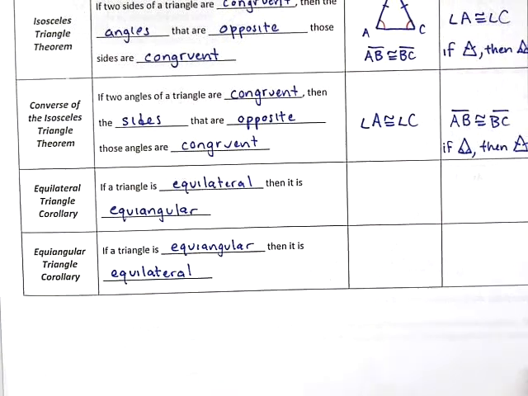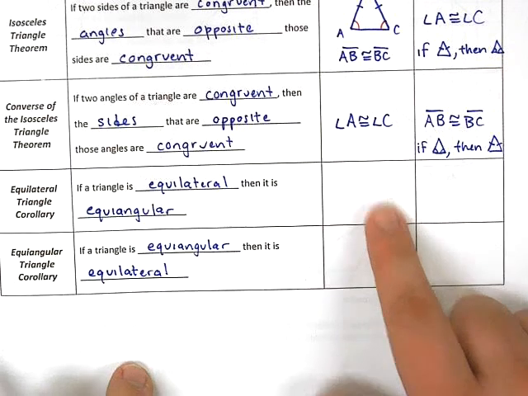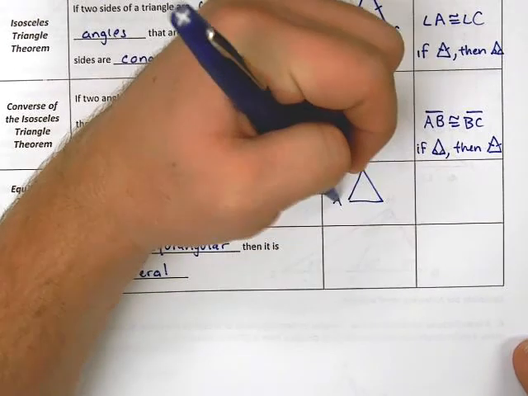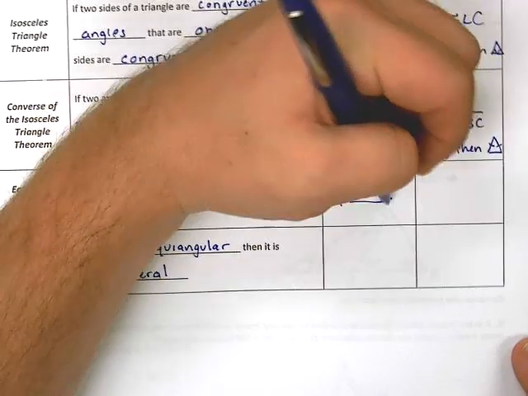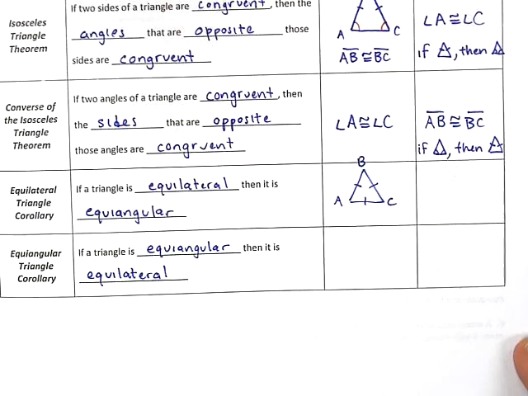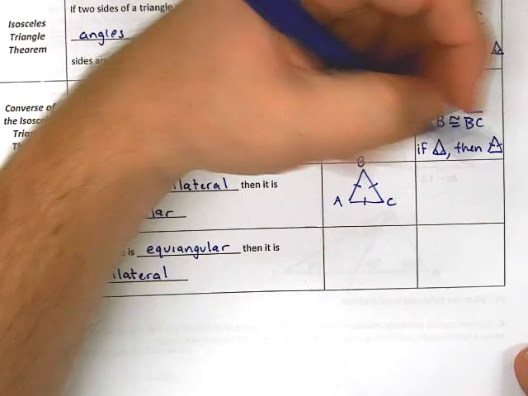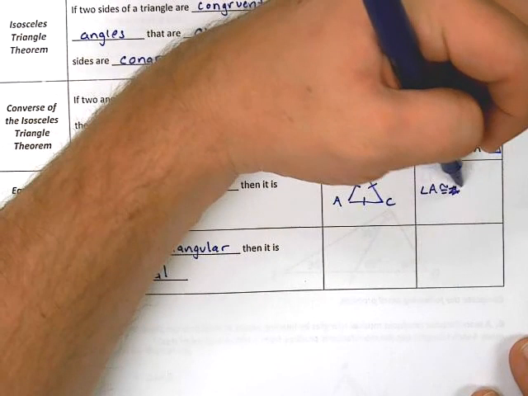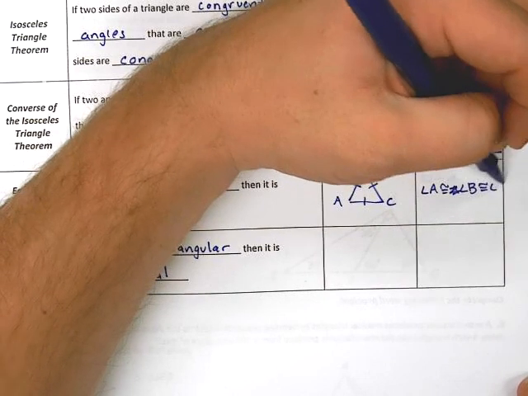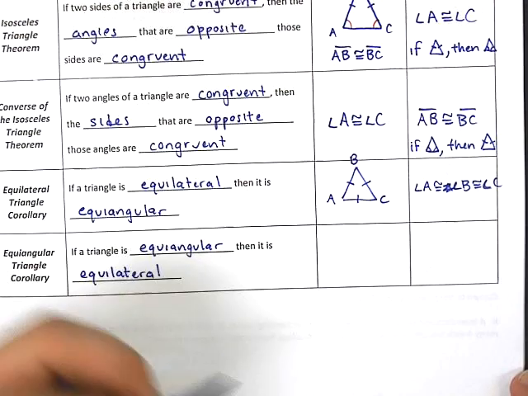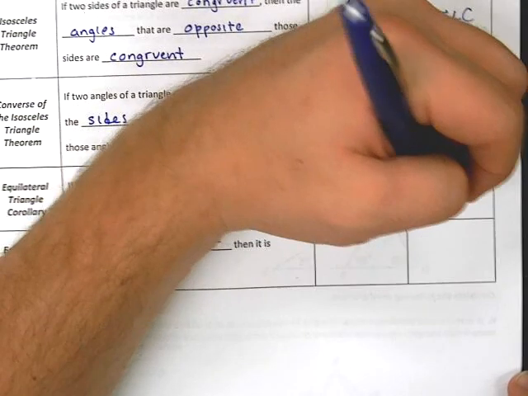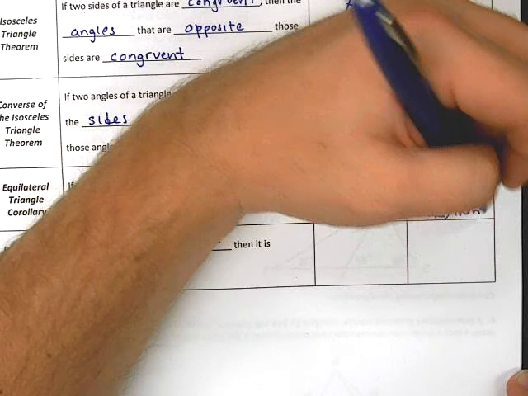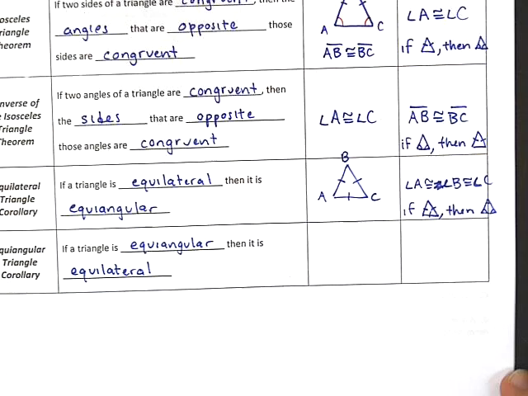All right. I don't necessarily think I need to write this. I guess, yeah, let's do it. Why not? All right. If I give you A, B, C, and I tell you all the sides are congruent, well, then what can we say? We can say that angle A is congruent to angle B is congruent to angle C. And why? Because if equilateral, then equiangular.